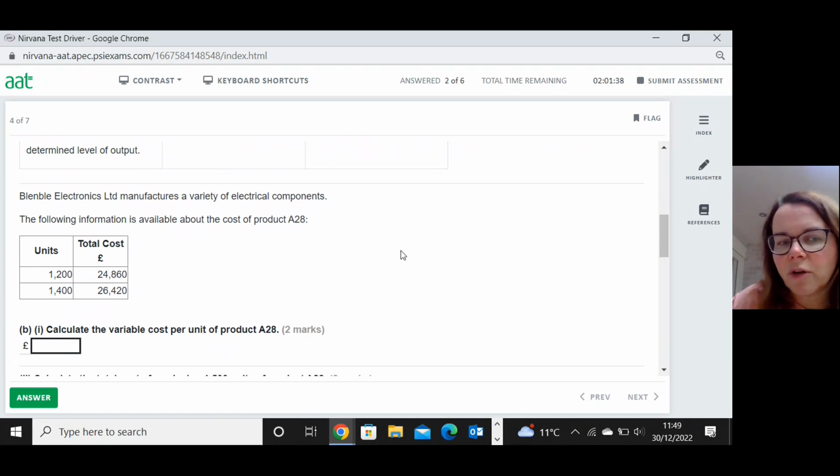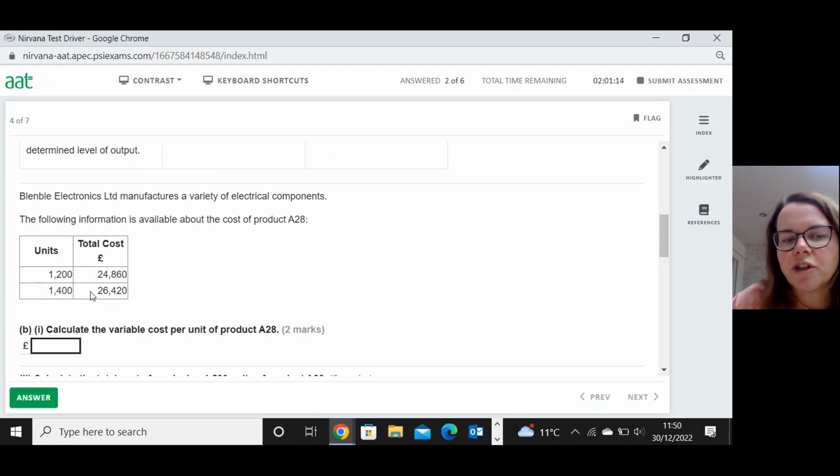Because basically what we've got to work out is how much the units have changed by. So 200 extra units has cost an extra £1,560. So any change in the cost must be to do with the variable cost.